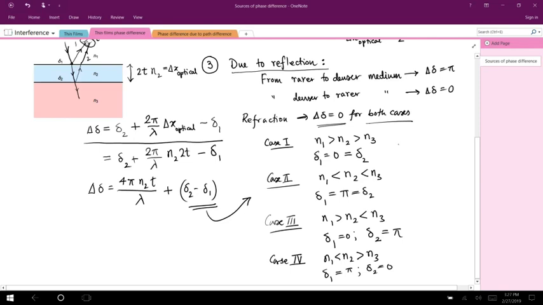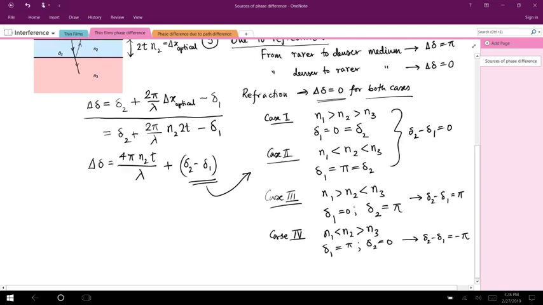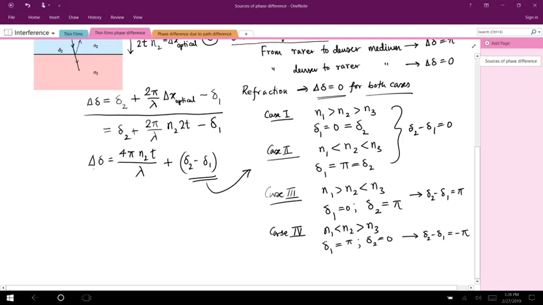In the first 2 cases, delta 2 minus delta 1 is equal to 0. In the third case, delta 2 minus delta 1 is equal to pi. And in this final case, delta 2 minus delta 1 is equal to negative pi. Okay, so how does this help us? Well, we know that for constructive or destructive interference, delta has to take a certain form.